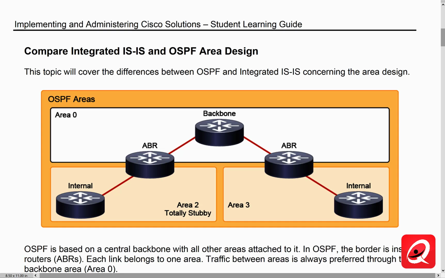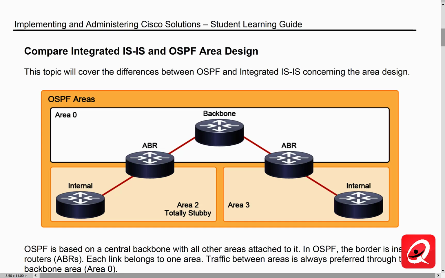We use our area border routers to establish those adjacencies and to establish that relationship between our non-backbone areas and our backbone areas. But in OSPF, we are constrained by the fact that area 0 is a centralized contiguous area. And then all of the other areas have to be physically attached to area 0.